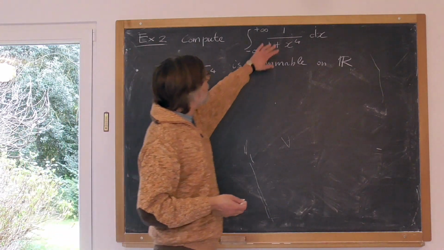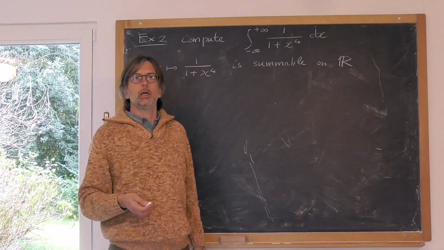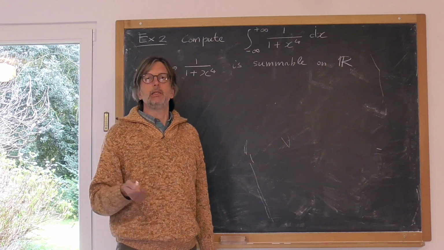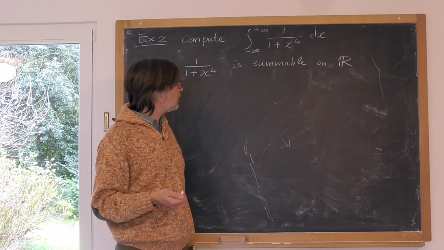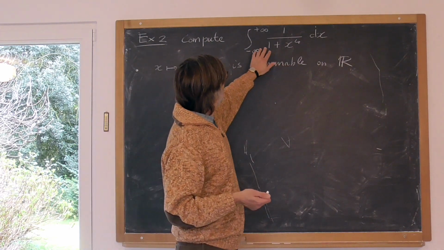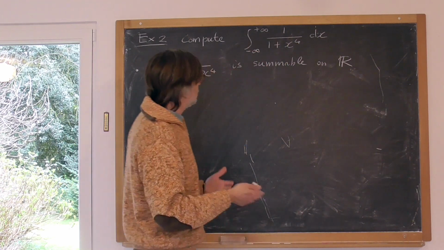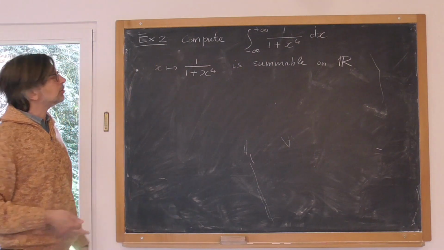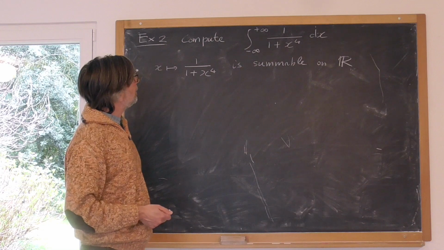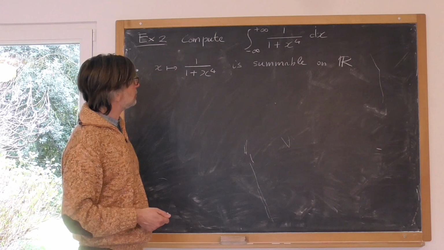Of course, one way would be, since this is a rational function, you can always determine explicitly a primitive of a rational function. You have to do a decomposition into simple fractions, and then according to the nature of the various pieces, you have several ways to compute the primitives of such simpler rational functions.